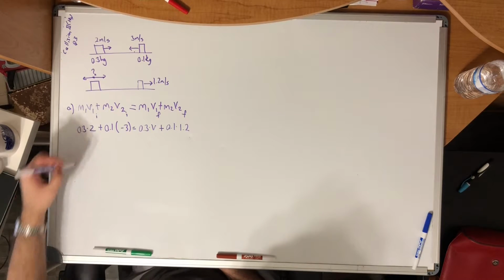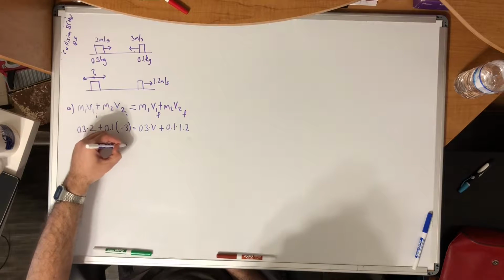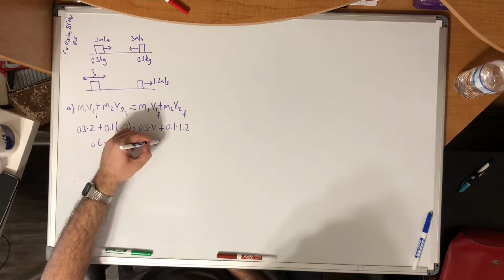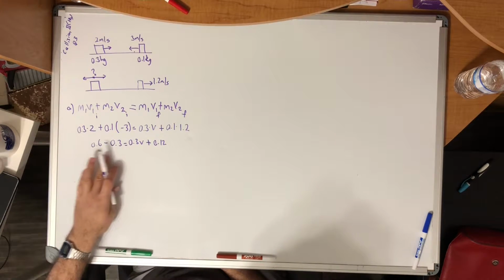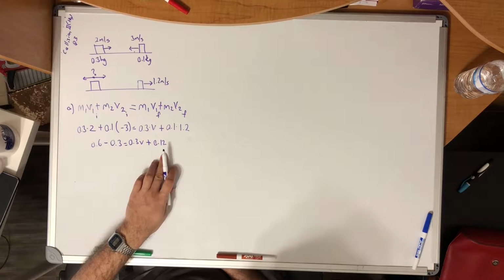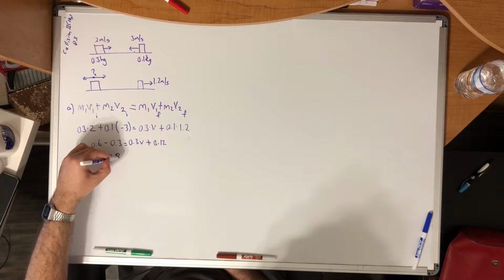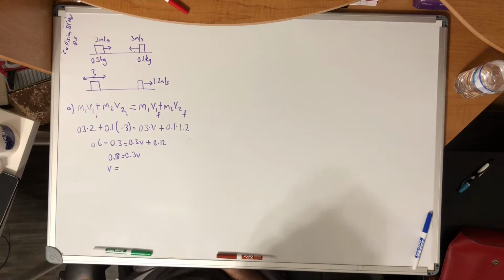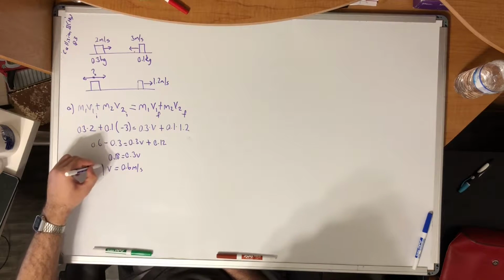Once you do the math, 0.6 minus 0.3 equals 0.3v plus 0.12. Subtract, so 0.3 minus 0.12, that is 0.18 equals 0.3v. Then once you divide both sides by 0.3, you're going to find your velocity as 0.6 meters per second.